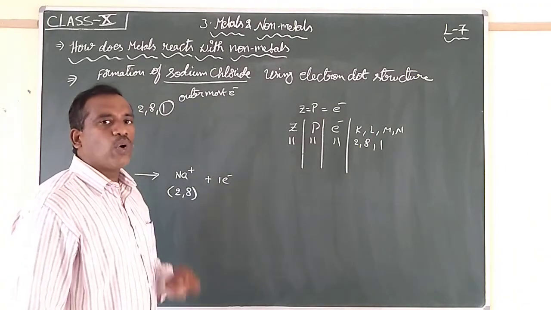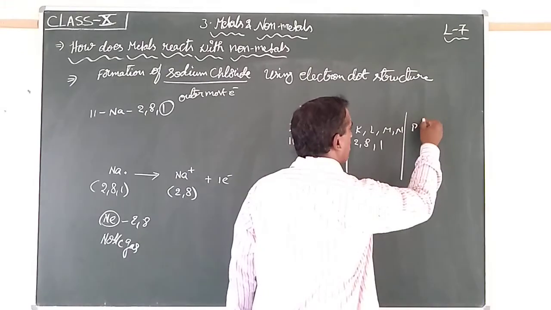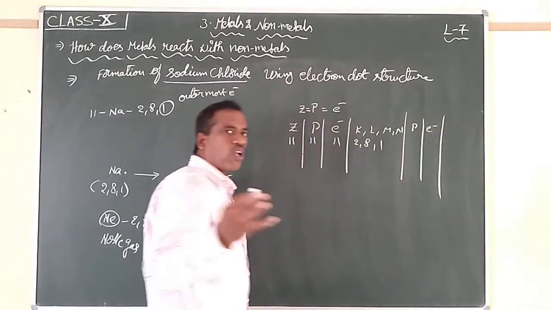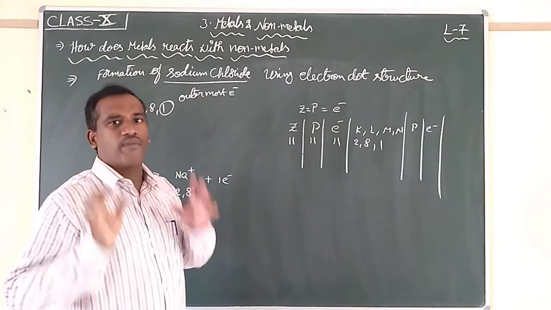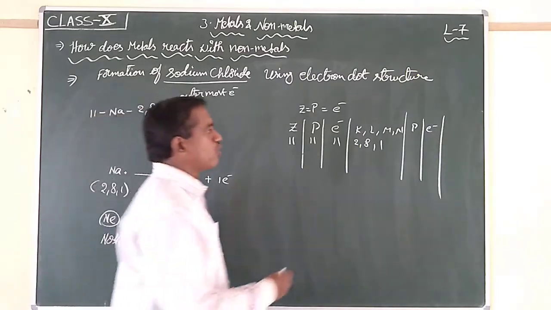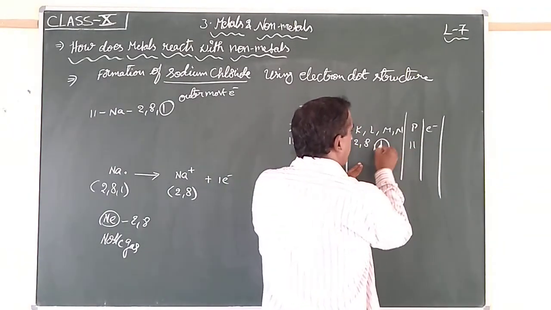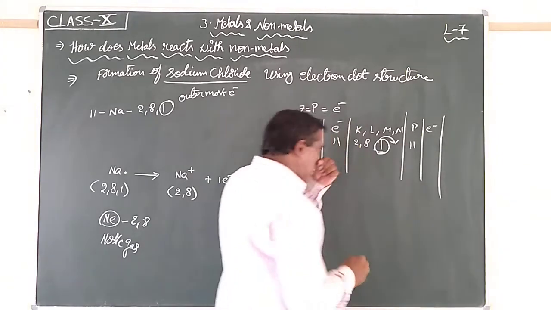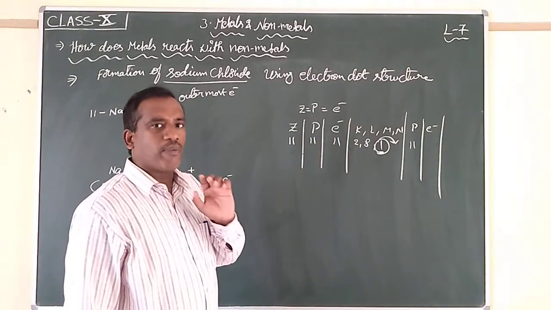But what is this sodium doing? Is it losing electrons or protons? Protons cannot be lost because protons are present in the center of the atom. Only electrons can be lost. Protons are not lost. It is losing 1 electron. After losing the electron, how many are left behind?